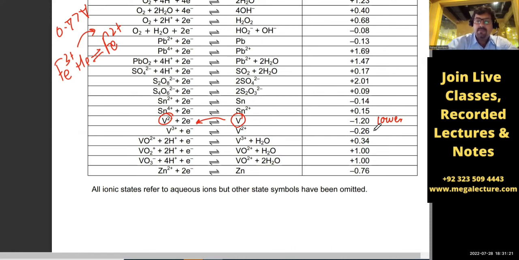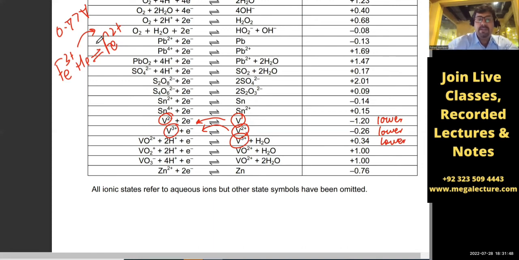Now I've got vanadium 2 plus, and look at it. It is still the lower potential compared to Fe. So Fe is going to gain electrons, and vanadium 2 plus is going to lose electrons again. And it will become what? Vanadium 3 plus. Now, what will happen to vanadium 3 plus? Vanadium 3 plus is 0.34. It is still the lower potential compared to Fe.